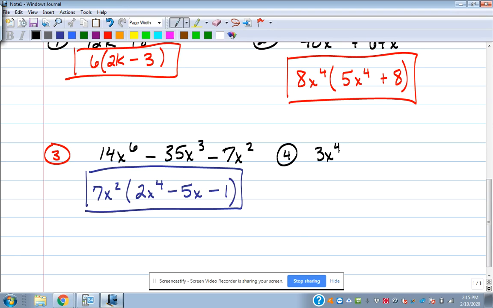3x to the 4th, and then minus 5x plus 8x squared. What we got?